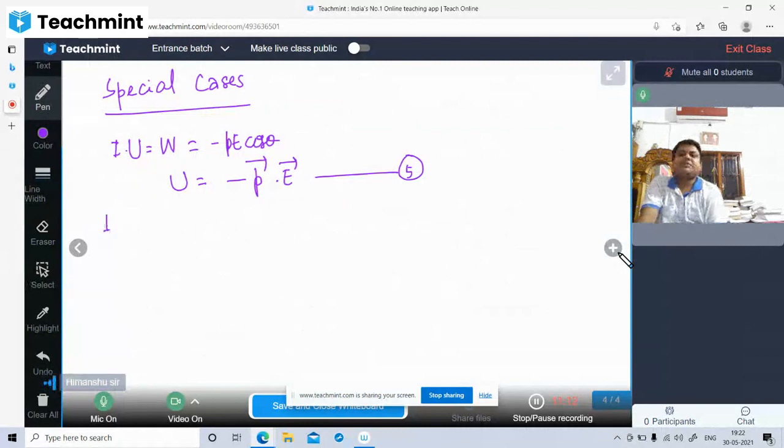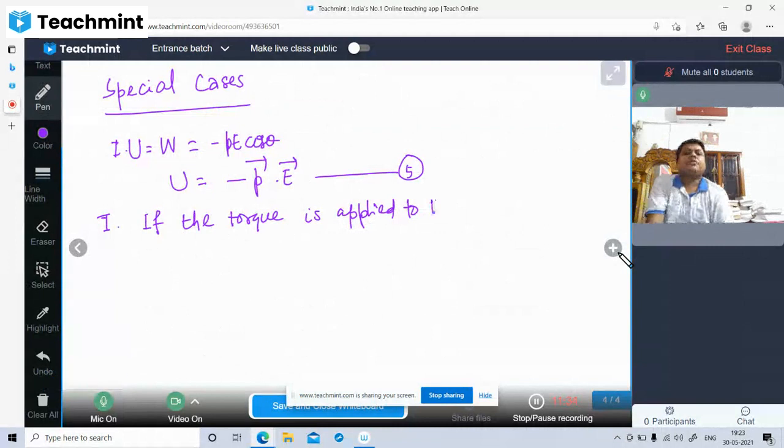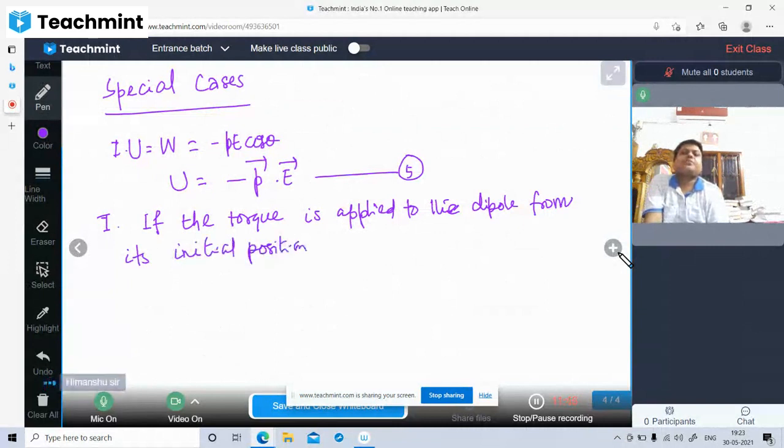So case number 1, what is that? Now if torque is applied to the dipole from its initial position to the position parallel to the electric field.